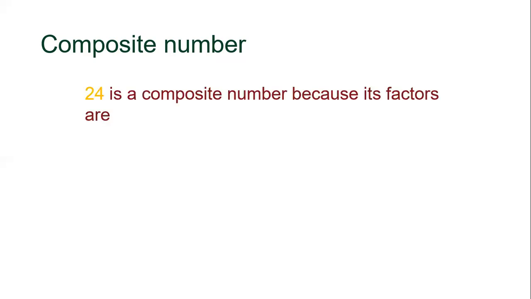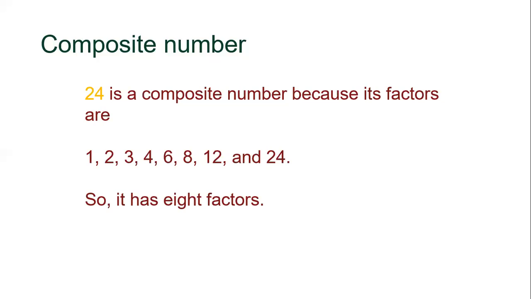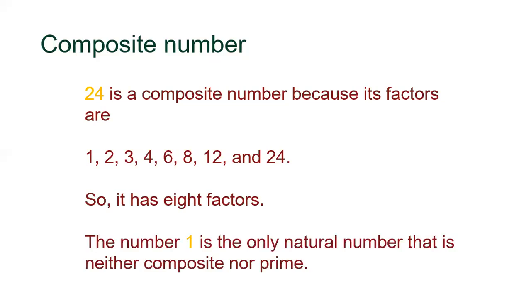An example of a composite number: 24 is a composite number because its factors are 1, 2, 3, 4, 6, 8, 12, and 24. So it has a total of 8 factors. Now, the number 1 is the only natural number that is neither composite nor prime.